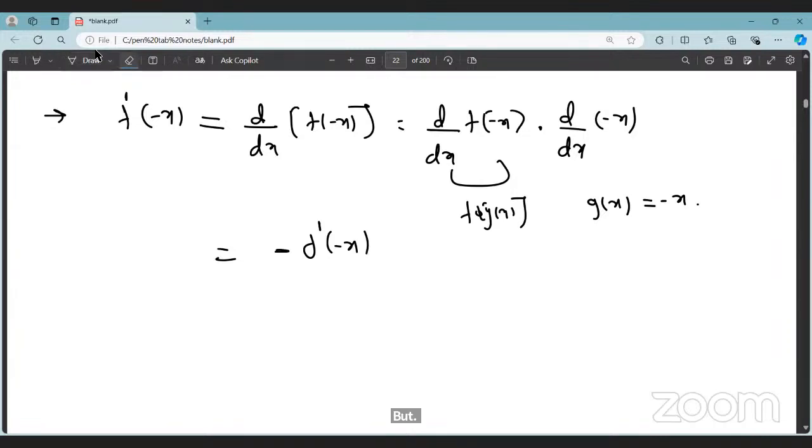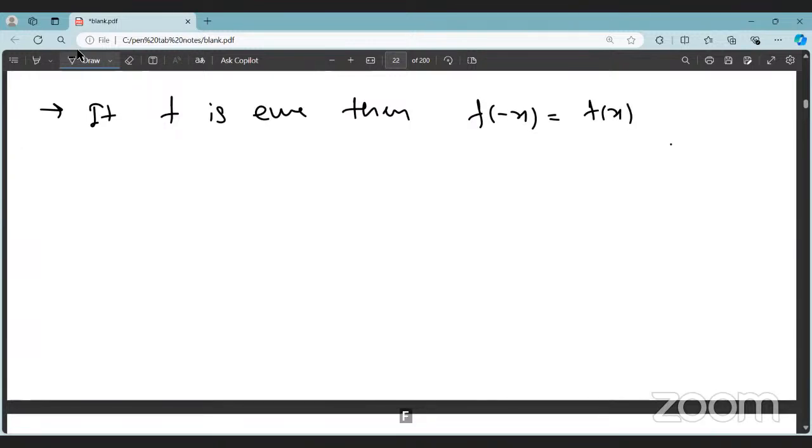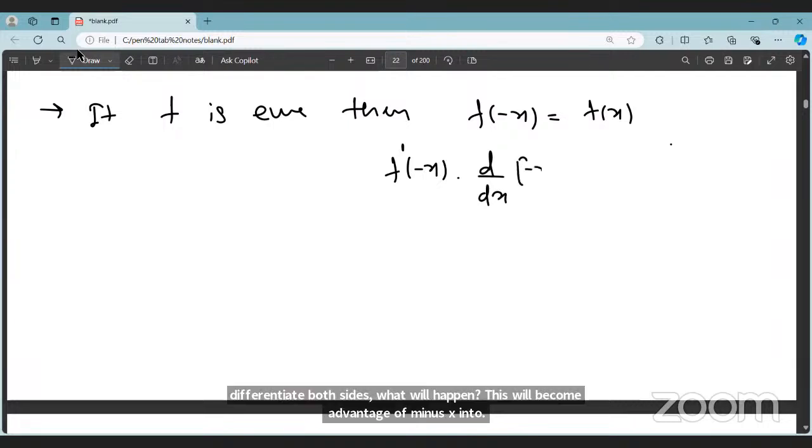Okay, fine, sorry. We have to use the hypothesis first. That means if f is even, then f of minus x is equal to f of x, right? So if you differentiate both sides, what will happen? This will become f dash of minus x into d by dx of minus x, and this is equal to f dash of x.